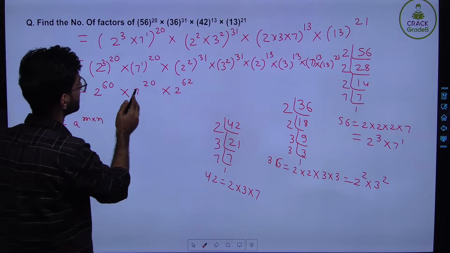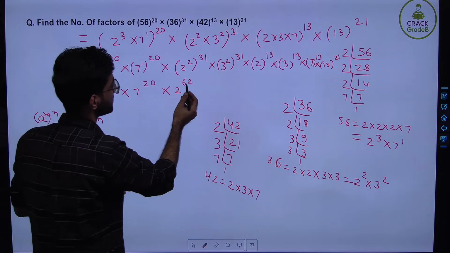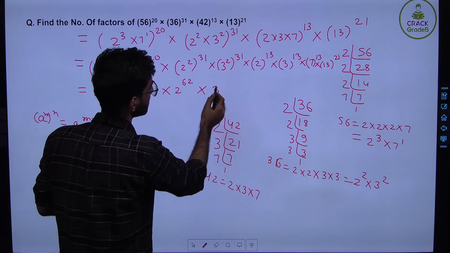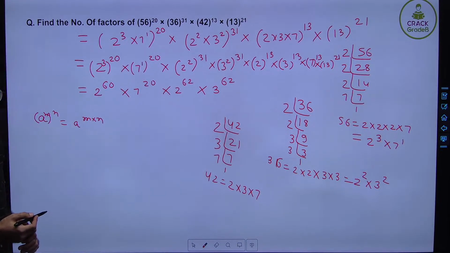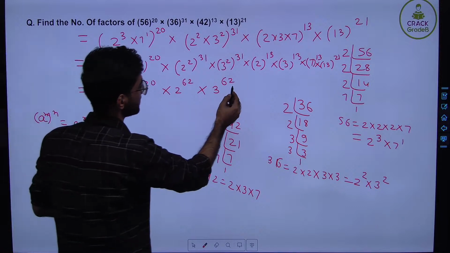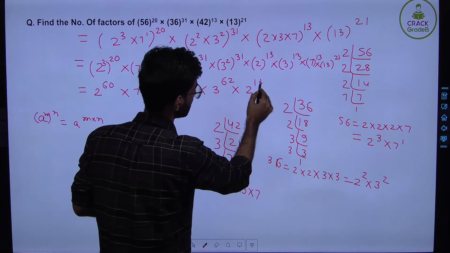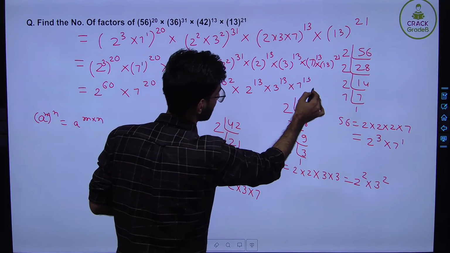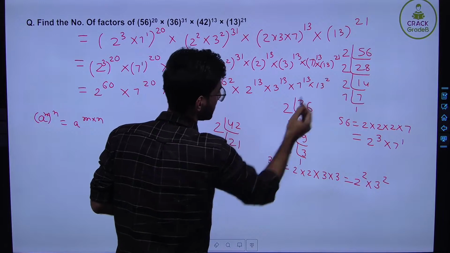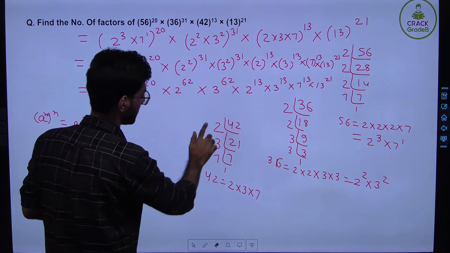So 2 to the power 60 into 7 to the power 20 into 2 to the power 62, 3 to the power 62, then 2 to the power 13, then 3 to the power 13, then 7 to the power 13, then 13 to the power 21.